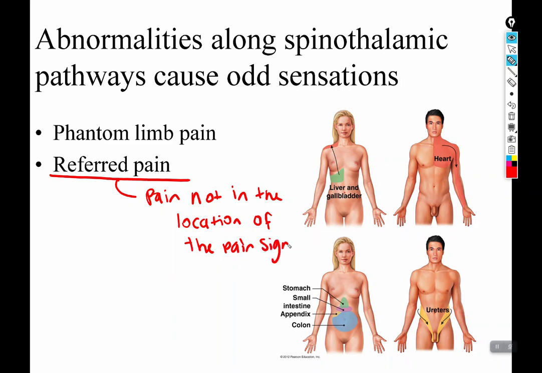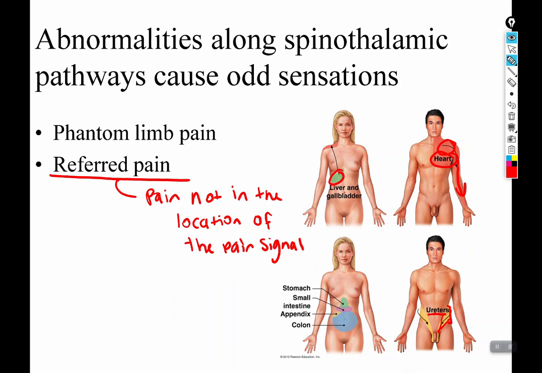So, for example, as many people know, if you have a heart attack, you can get pain in your left shoulder that radiates down your left arm, and that is a sign that you need to go to the hospital. If you have a kidney stone traveling through your ureter, you might feel side and inguinal pain, and so on and so forth. Gallbladder attacks, which is where your gallbladder is trying to secrete bile, but there's a gallstone in the way, are often detected in the skin here and can even radiate up to the shoulder.